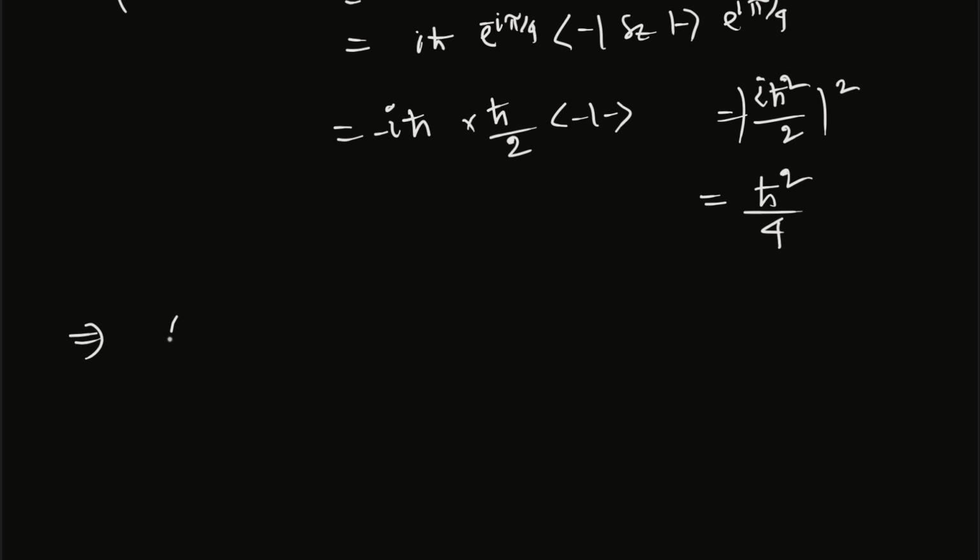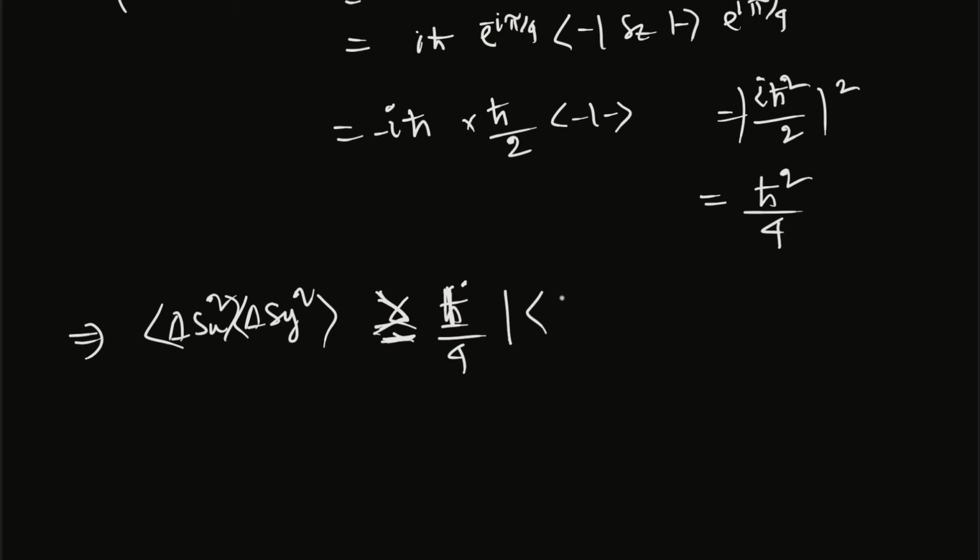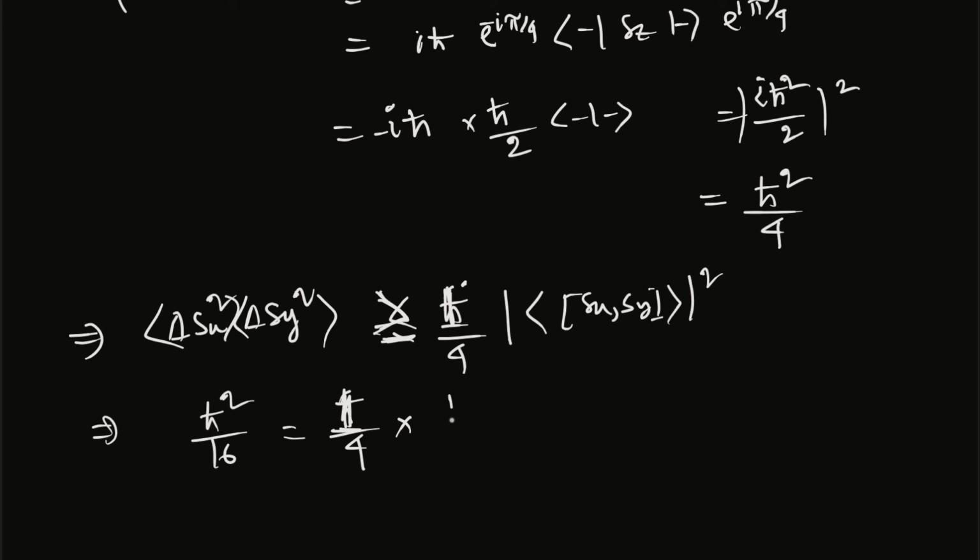Now in the uncertainty relation we know that delta sx square delta sy square, its expectation should be greater than or equal to 1 by 4 times the square modulus of the expectation of sx comma sy, square. So here we will get this factor is h cut square by 16, and this factor is also 1 by 4 into h cut square by 4, that is equal to h cut square by 16.